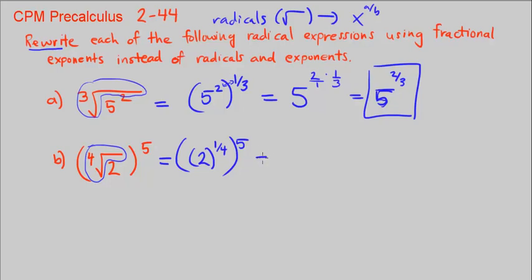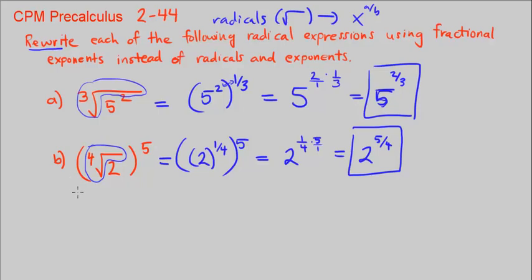Simplifying this using the properties of exponents, that's the same as 2 to the power of 1/4 times 5. And 5 is 5 over 1, so we multiply the numerators and denominators, so that's just 2 to the power of 5 over 4. Box your answer. Let's go on.